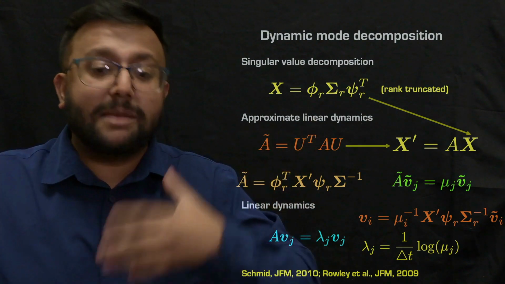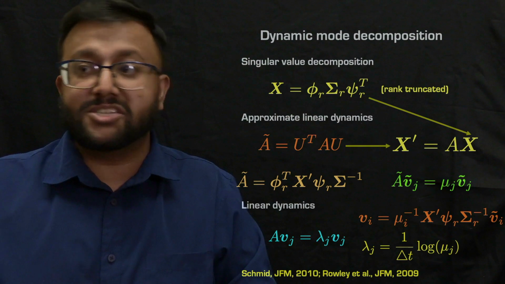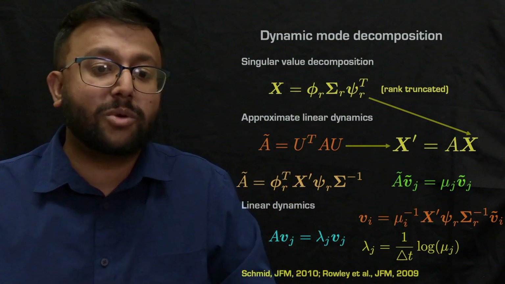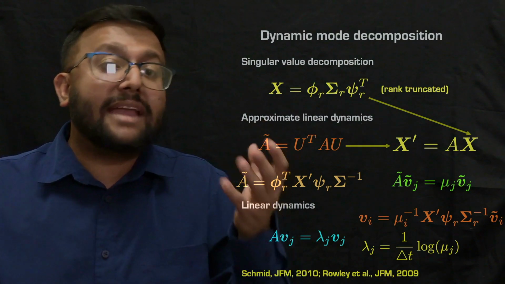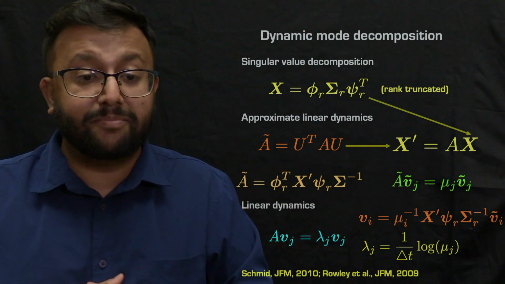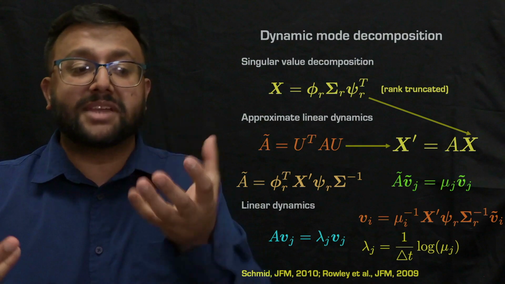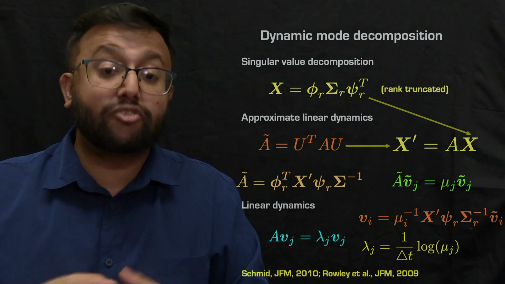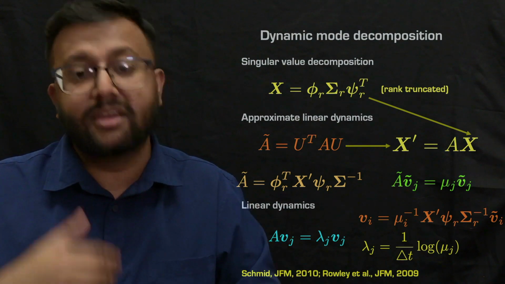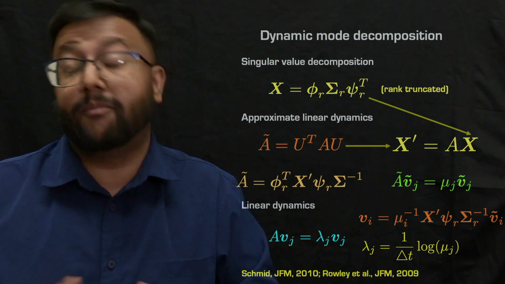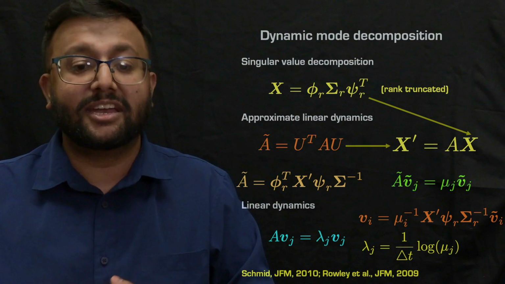And then by substituting this fact into this x prime is equal to AX equation, we get a nice-looking expression for A tilde. And then we get the eigenvalues and eigenvectors from that. And from the eigenvalues and eigenvectors, we can now recover the true DMD modes, which is Vj in this case, and lambda j, which is the eigenvalues associated with these DMD modes.